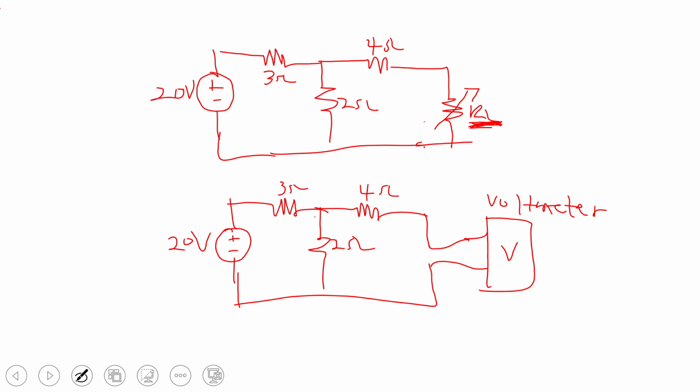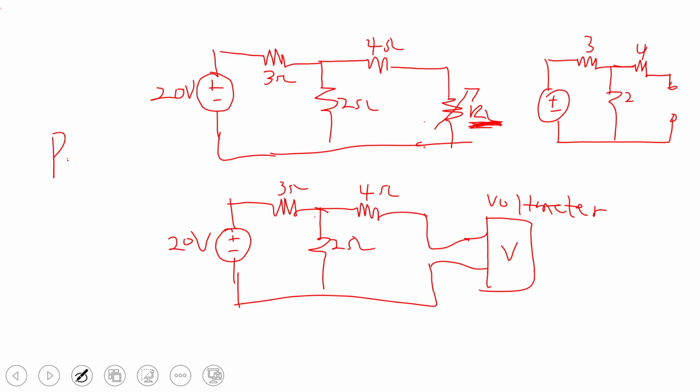Remove the resistor, right? Now, when you remove the resistor, the circuit just becomes like this. As you have removed the element, according to Thevenin's theorem, come and measure the voltage here.